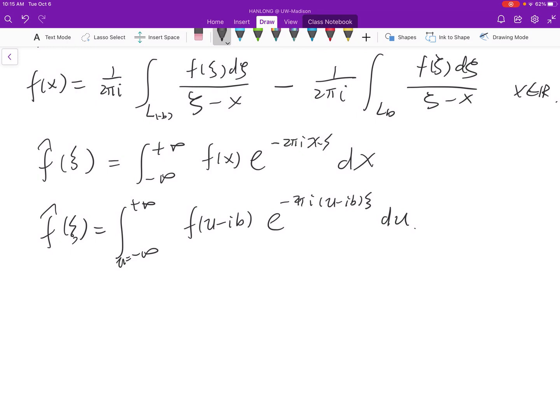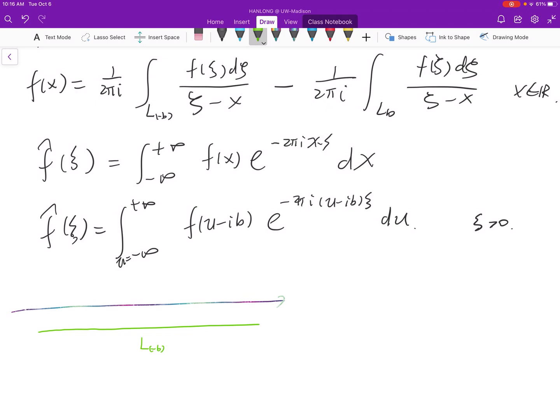So when c is positive, what does that mean? If you look at the picture, originally your Fourier transformation is on the real number line, but now you are going to integrate along L negative b.